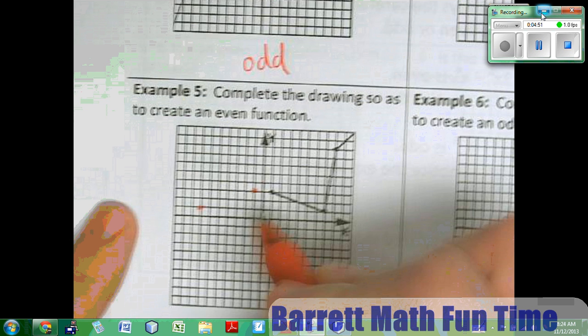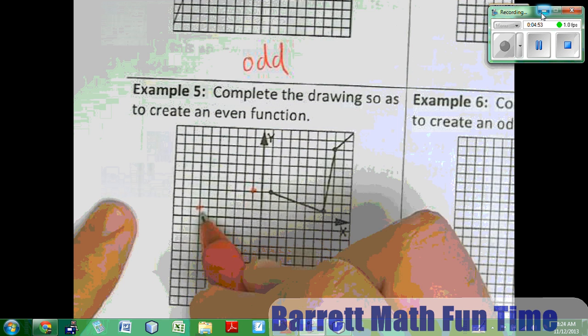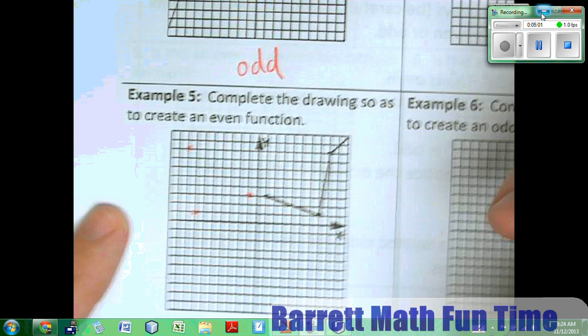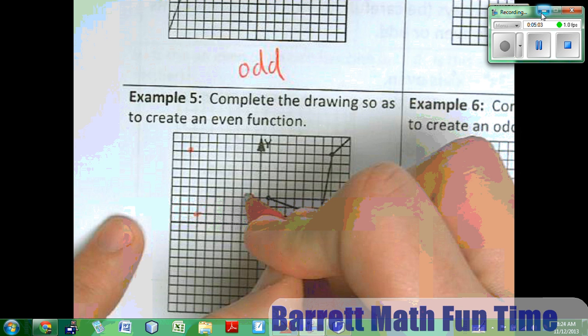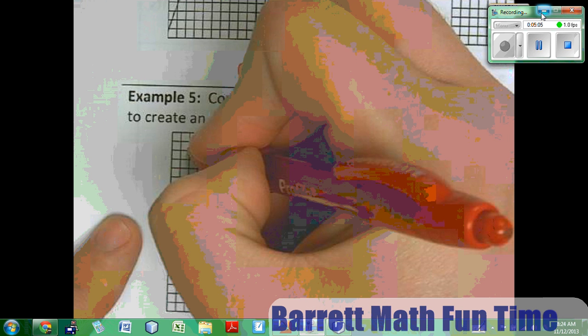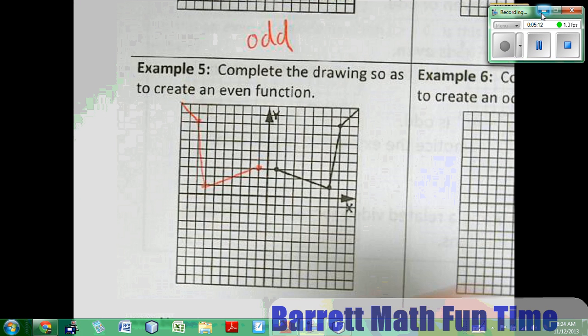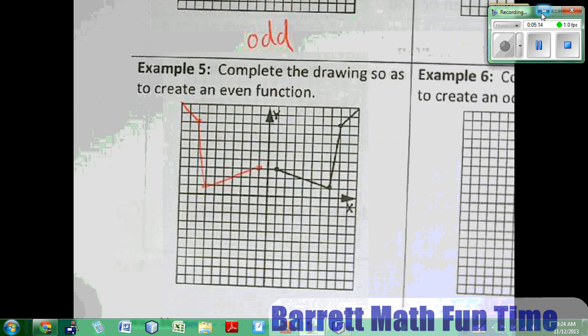So we're going to put it at negative 7, 1. And then we have 1 up here in the top corner. So we'll put this one in the top corner, and then I just connect the dots. There we go. Look at that. It's even. Right?